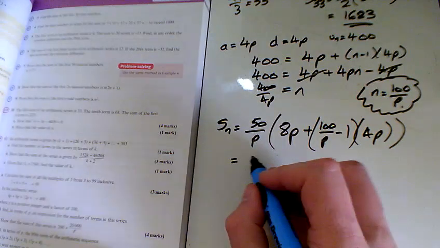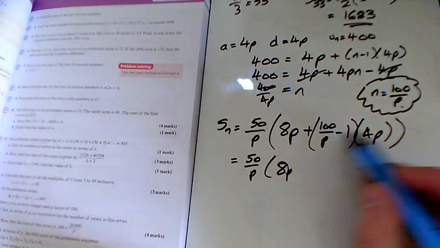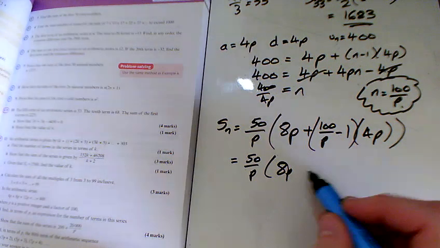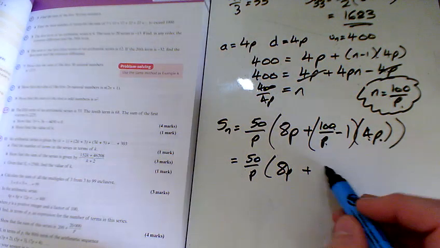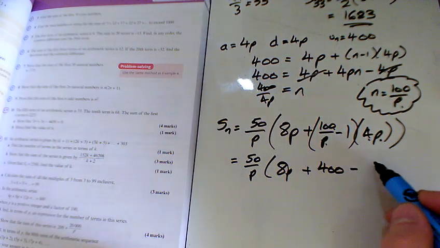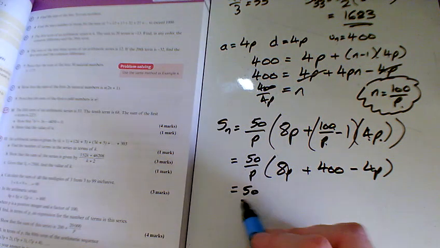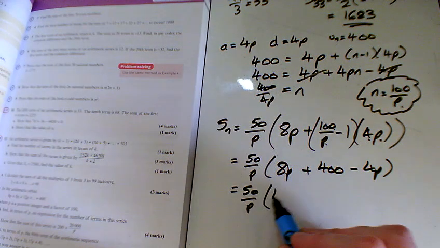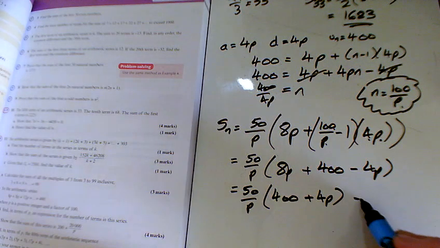So let's just tidy some of that up. I've got 8p. So we just times this out, can't we? So 100 over p times 4p, that actually is just 400, isn't it? Because the p's will cancel, and then minus 4p. So I've got 500 over p times by 400 plus 4p.